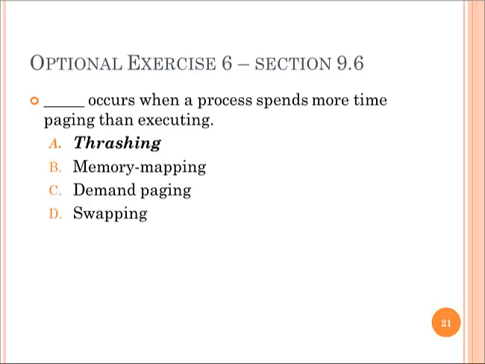This thrashing occurs when a process spends more time paging than executing. That's just a term that is given. And all these other memory mapping, demand paging, and swapping are, again, strategies. Demand paging is very popular as well.